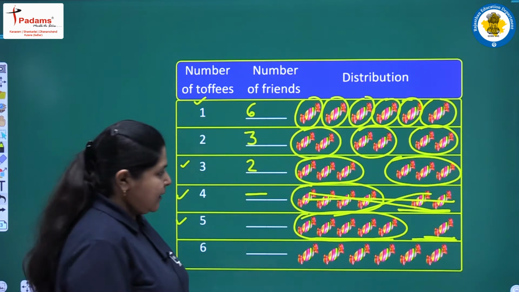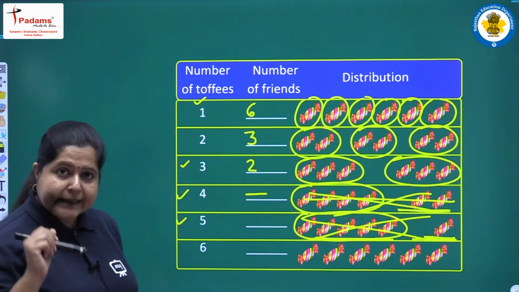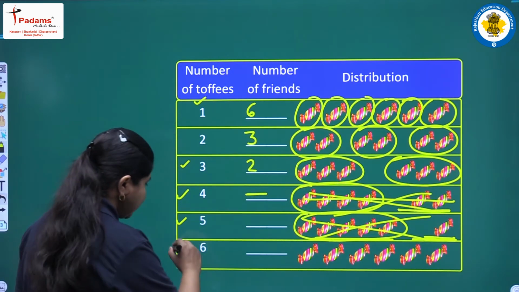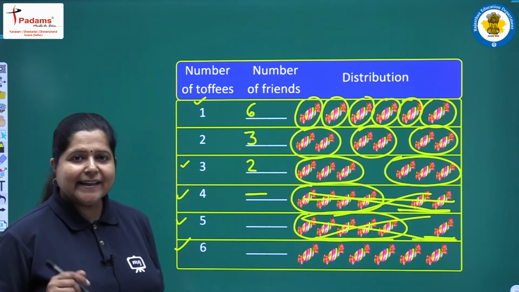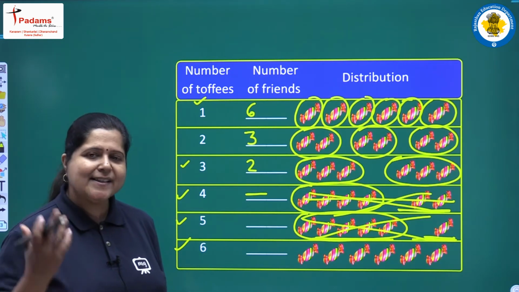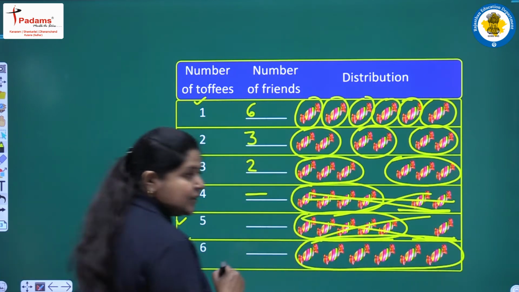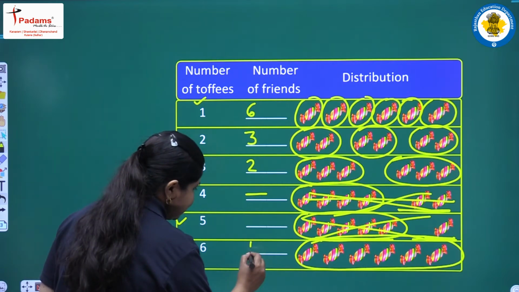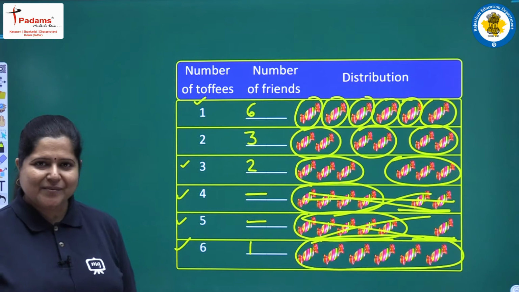So again this distribution is not possible. Then what next? If I want to give all the 6 toffees to 1 single person, then clearly, since I have only 6 toffees, I can give all these collectively together to 1 single friend of mine, and so I can write here 1, and this distribution is possible.